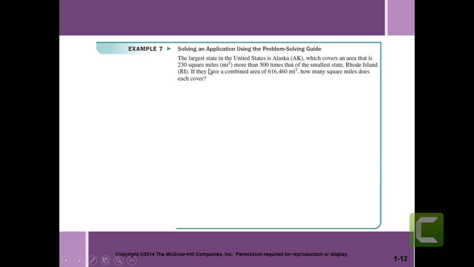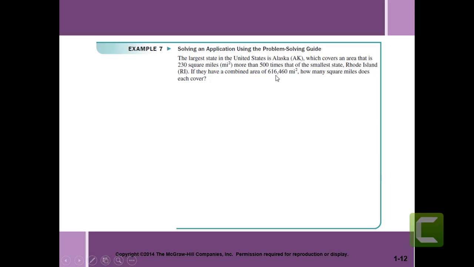Now that you have a picture of what's going on, I hope, what else do they say? Here's some more information that you're going to want to write down. It says they have a combined area of this. What does that mean? It means that if you take the area of Rhode Island plus the area of Alaska, they have to add up to this amount.